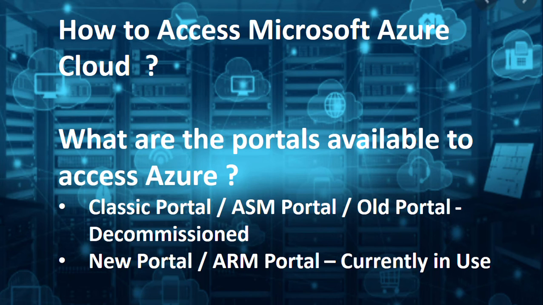Okay, so once you have internet on your system, the next thing is you should know how to access it. Okay, so we have two URLs, I mean two portals available in Microsoft Azure to access Azure basically. Okay, I'll tell you there are two portals actually.